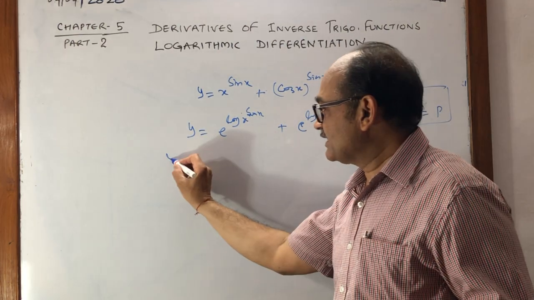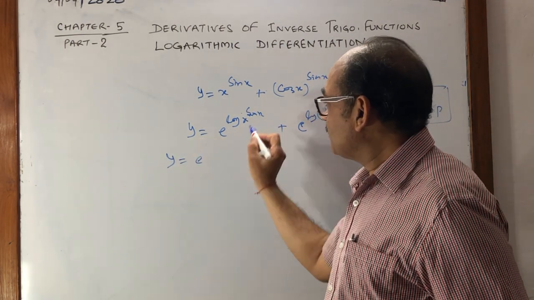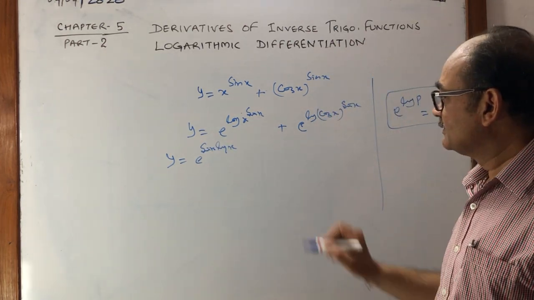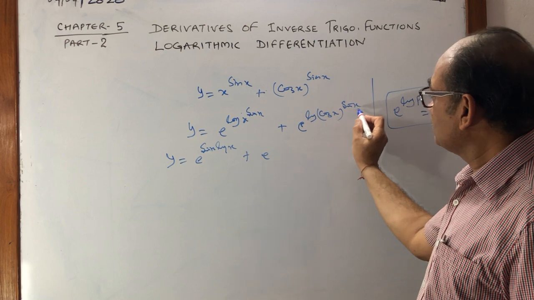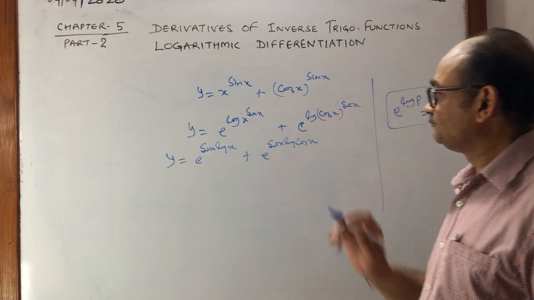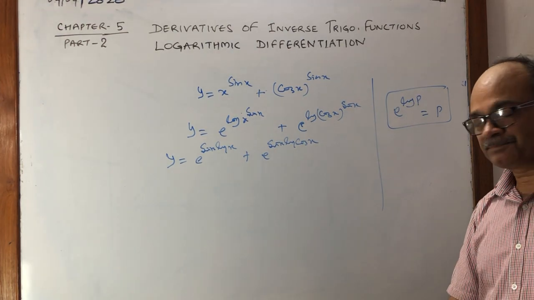So now the next step: e to the power sin x log x and e to the power sin x log cos x. Yes or no?